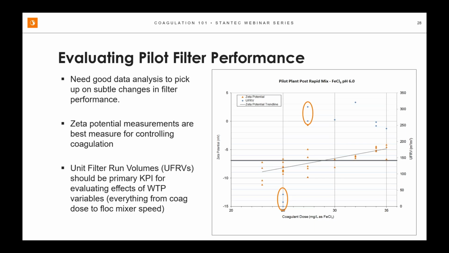What we found was the more the operator did the zeta potential measurement, the tighter the data got. But this is real data, and I've seen other plants and other people have done experiments where this kind of variation isn't unusual. So when we say we have a target, like in this graph of -7, it's not -7 plus or minus 0.2.